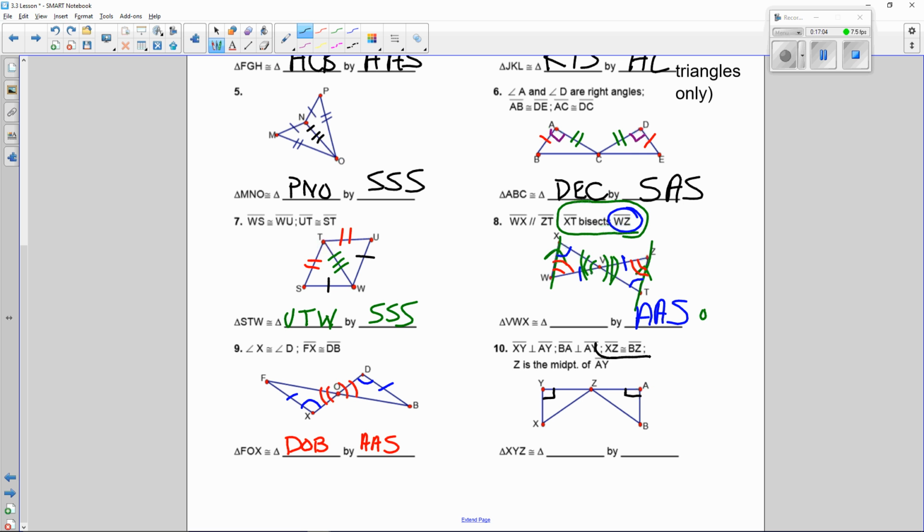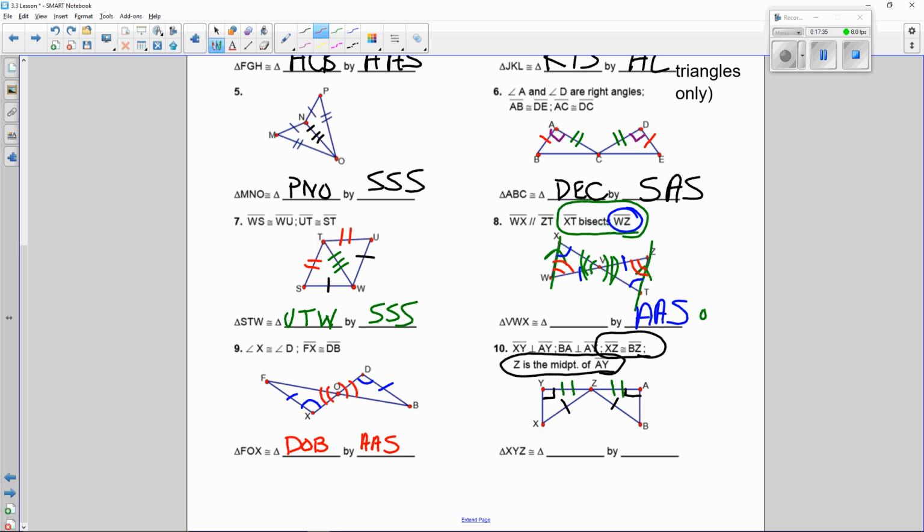The next statement gives us information about the segments. So XZ is congruent to BZ. And then finally, they say Z is directly in the middle of AY. So if it's directly in the middle, that means essentially it cuts AY into two equal pieces.